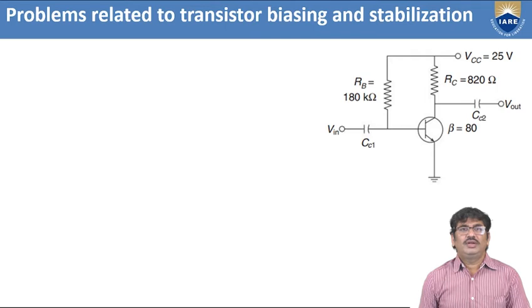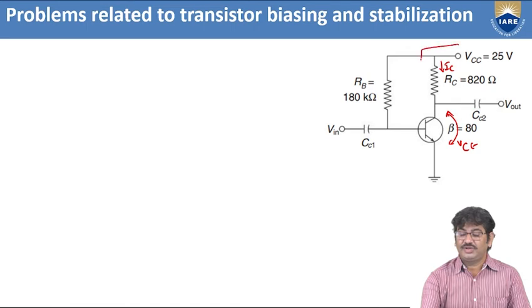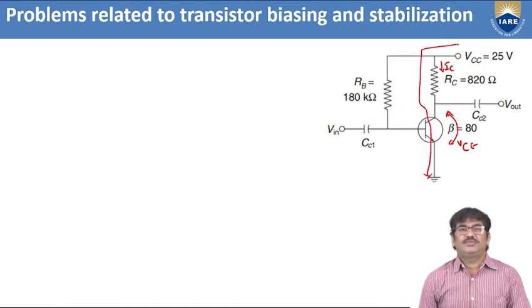For finding out the collector to emitter voltage, that is VCE, the amount of current which is flowing through RC is IC. For finding VCE, we will write the KVL expression for the output circuit. The KVL expression for the output circuit is given as VCC is equivalent to IC into RC plus VCE.